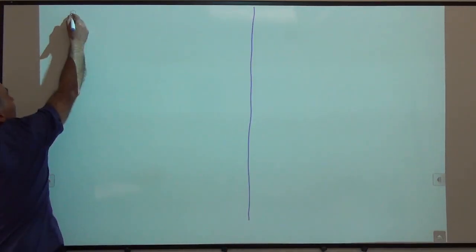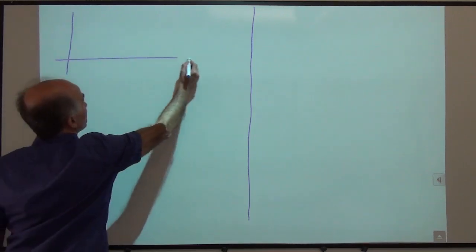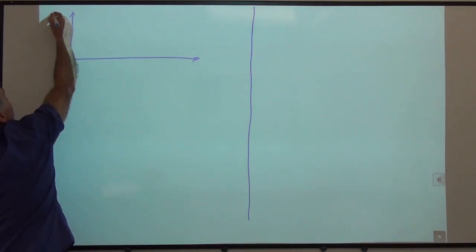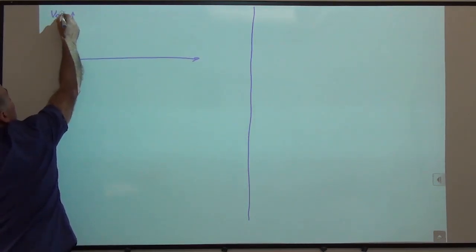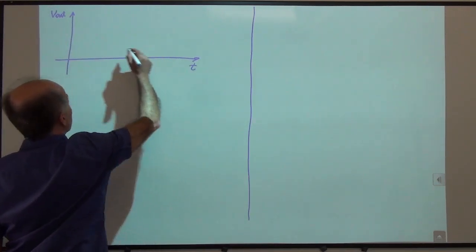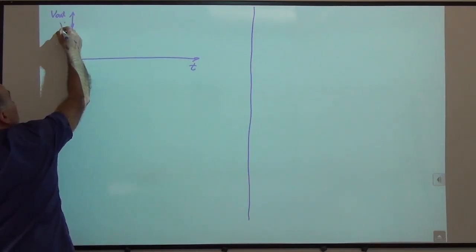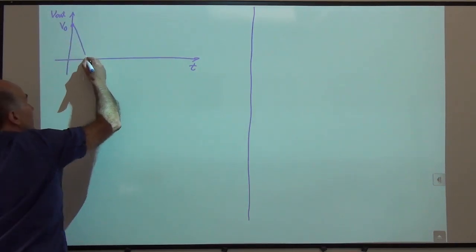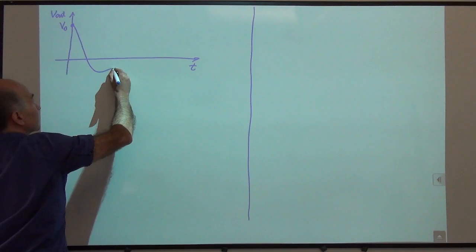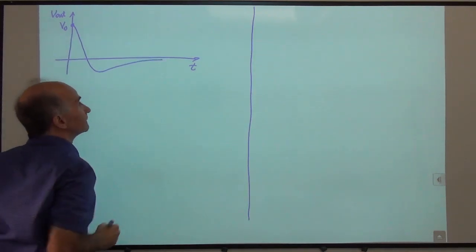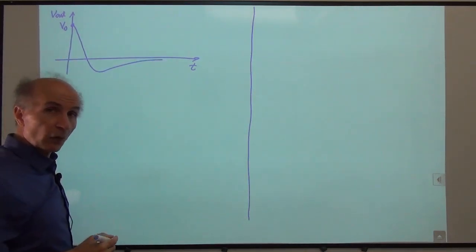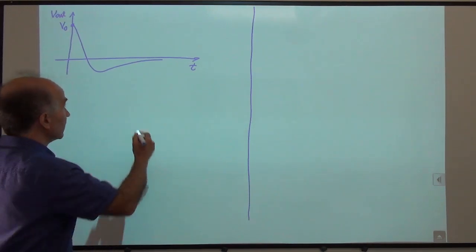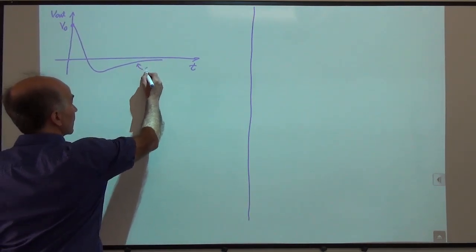So here's V out as a function of time. Of course, they both start at V0, and they both go to 0, and they both have to have a dip, right? They go like this. So this is the case of overdamped, just comparatively speaking.